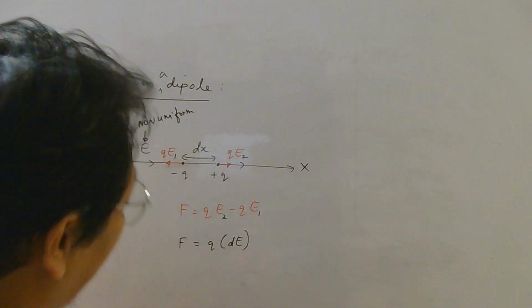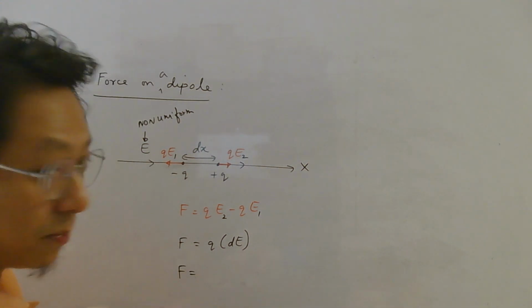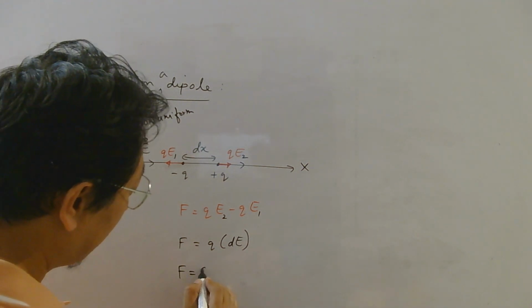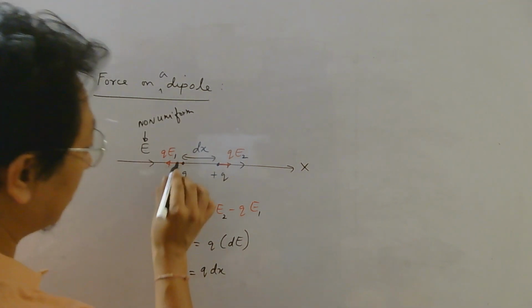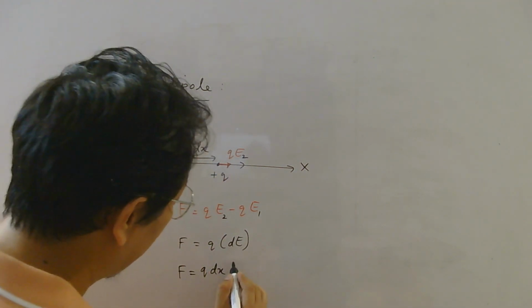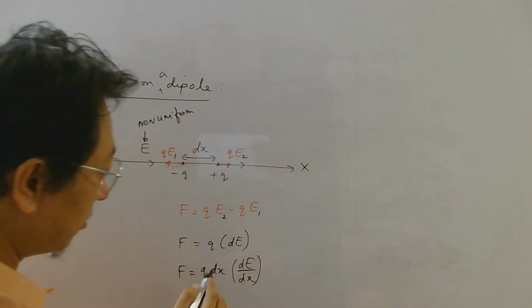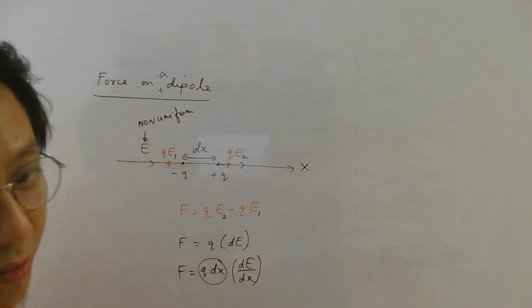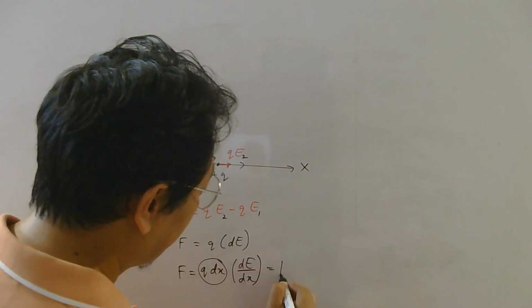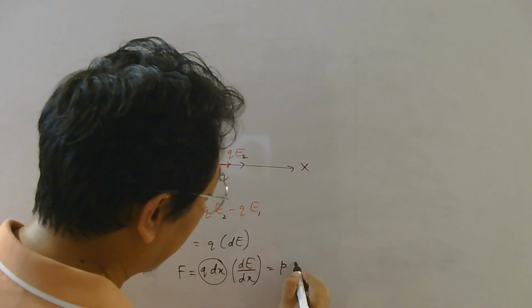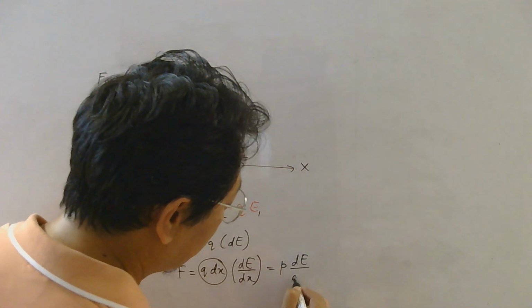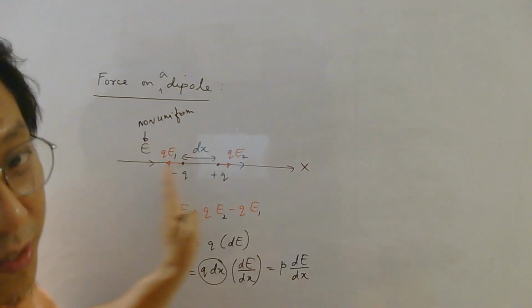E2 minus E1. Then how do I bring in the dipole moment now? Well, I will multiply by the distance between the charges in the dipole, and I will divide by the same distance. Now this Q into dx is called the dipole moment P of the dipole, and here we have the rate of change of electric field with distance.